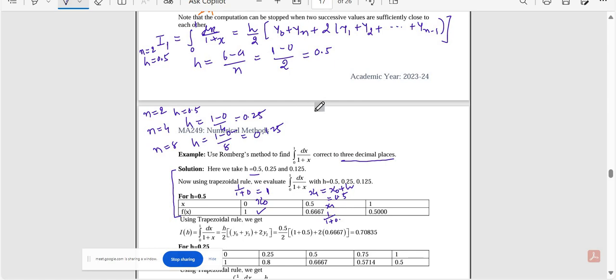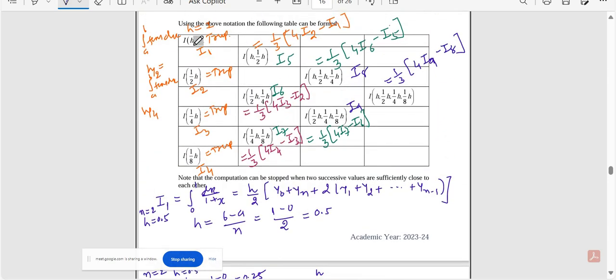As per the number, this is your first h, then I of h by 2, then I of h by 4, then h by 8, and so on. That is your first column. If you observe here, you can see h, h by 2, h by 4, h by 8.